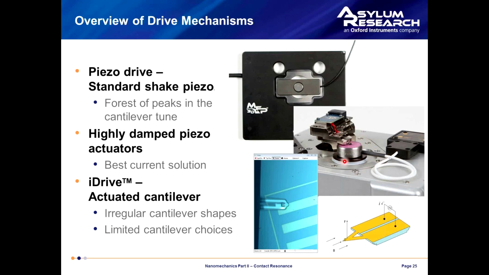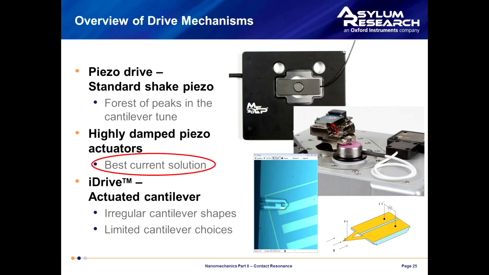This is a similar kind of actuator that's in our Cypher AFM. These are contact resonance sample holding actuators. You can see the cantilevers positioned above there and the samples glued directly to it. By using a damped actuator like this, you can avoid exciting many of those resonances. And really, at least to date, this is our best and most successful solution.